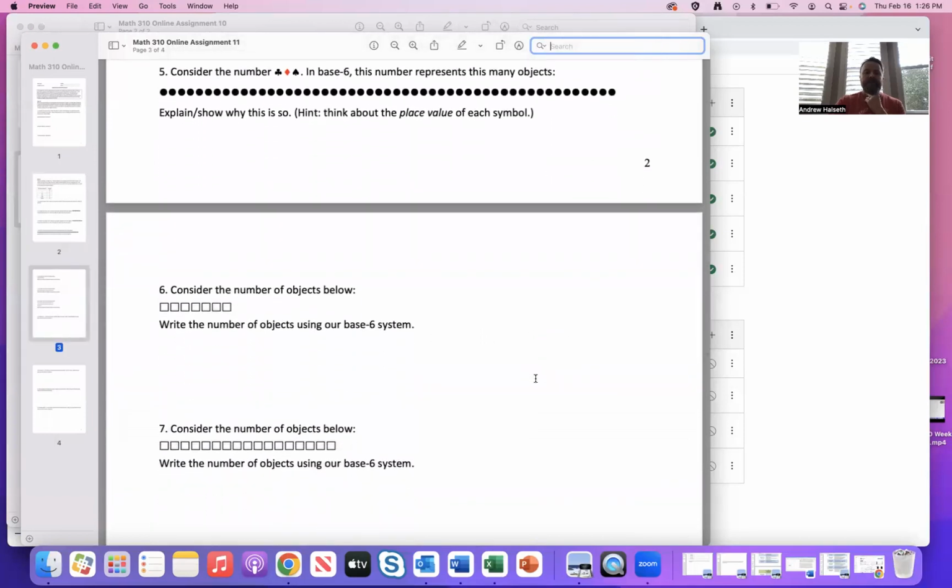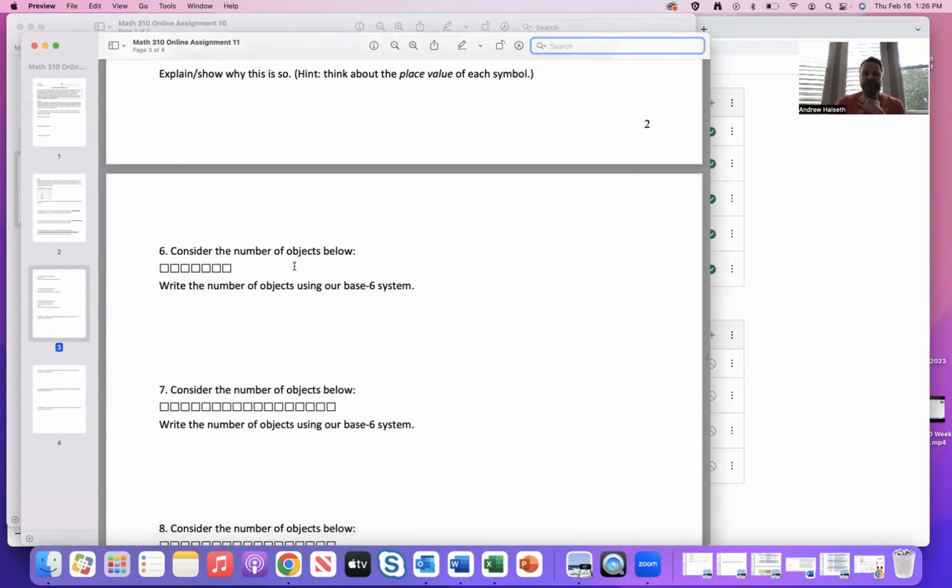Okay, so for example, number 6, write the number of objects using our base 6 system. Okay, so what I would do to start that one, do you have any groups of 6 here? Right, because if you have a group of 6, you'll use the next place value over, like the 6's place, right? And I do.